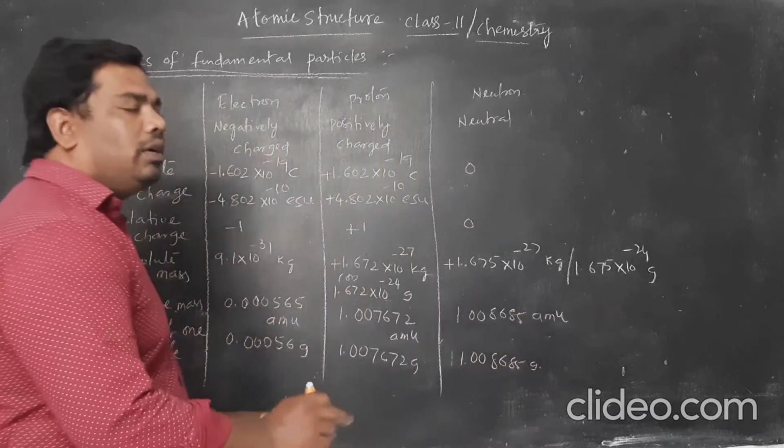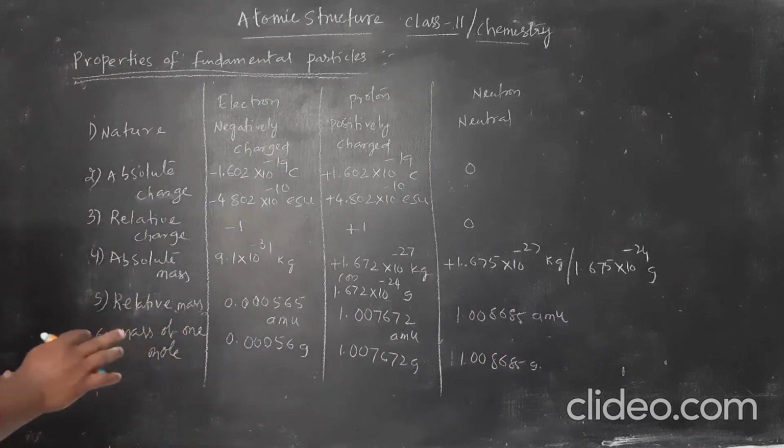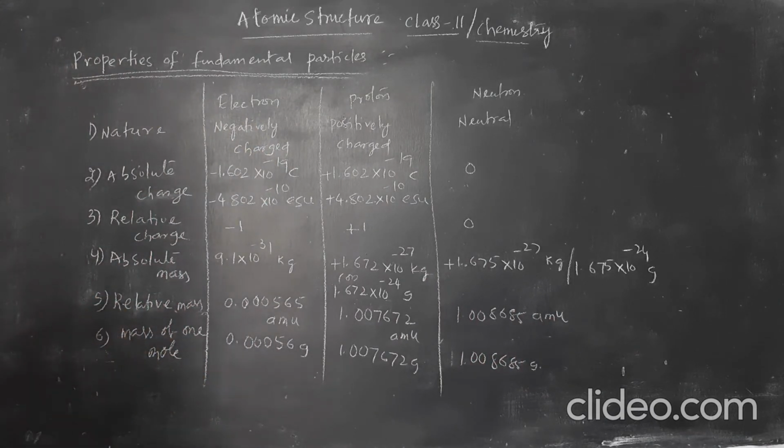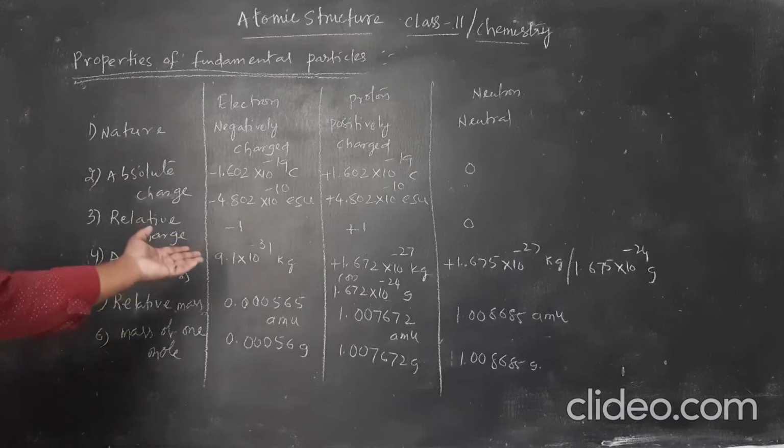So these are the fundamental values of electron, proton, and neutron which are present in the atom.